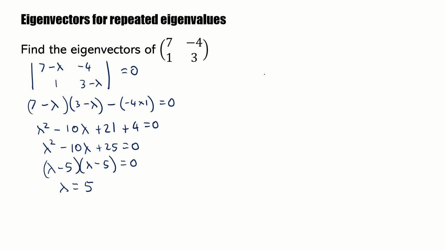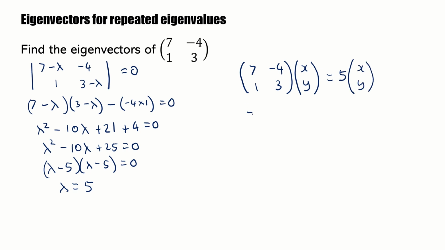But then, to find the eigenvectors, we're going to take our matrix, multiply it by the mystery eigenvector xy, and set it equal to the eigenvalue lots of that same vector. And then we've got to solve. So we will get 7x minus 4y equals 5x, and the other relationship would be x plus 3y equals 5y.